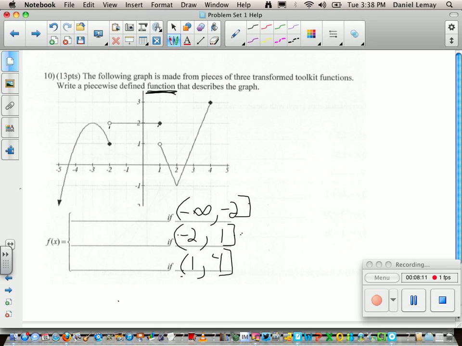This is the quadratic equation. I see that it's open and upside down, so all quadratic equations will have this form if we put it in vertex form. Okay, because it's opening down, I know the A has to be negative. I'm also seeing that it's going down 1, left 1.